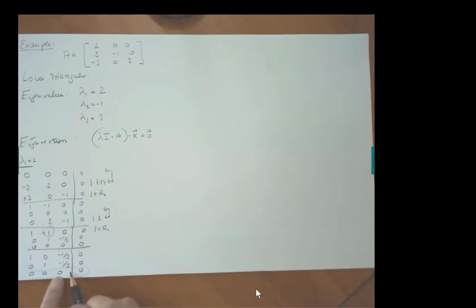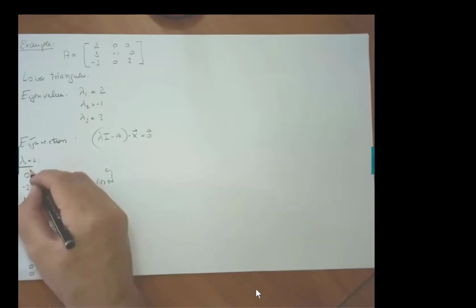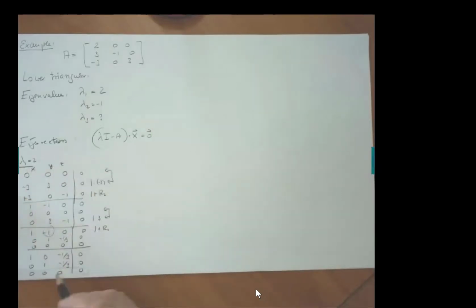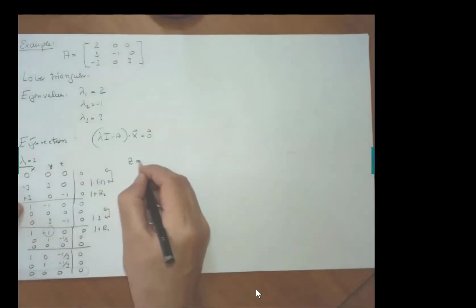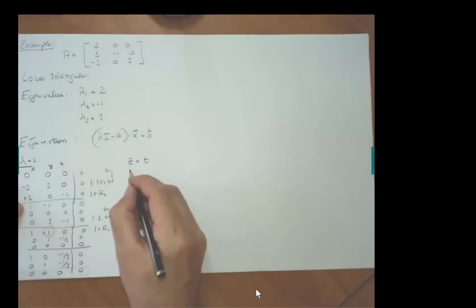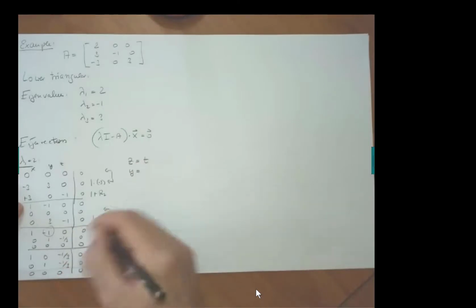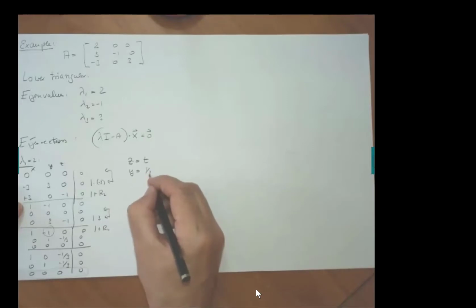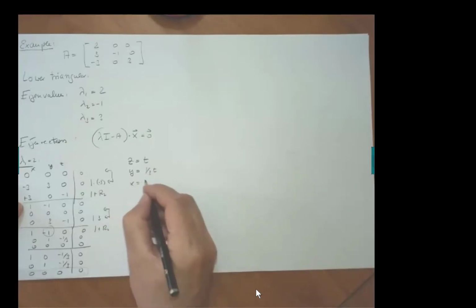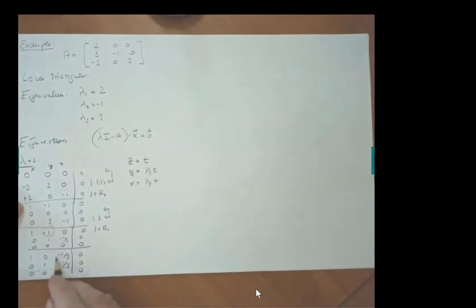Otherwise there's a mistake. And from this we can now find our eigenvector. So let's say, if this is x, y, and z, z gets a parameter, so z is equal to t, then y is equal to 1/3 t, and x is equal to 1/3 t from here and here.